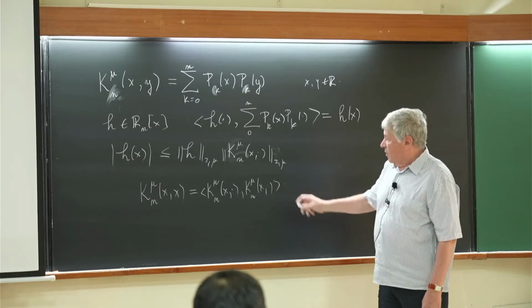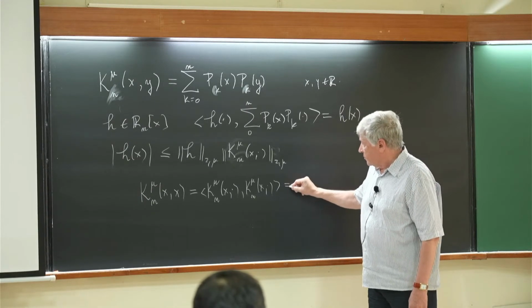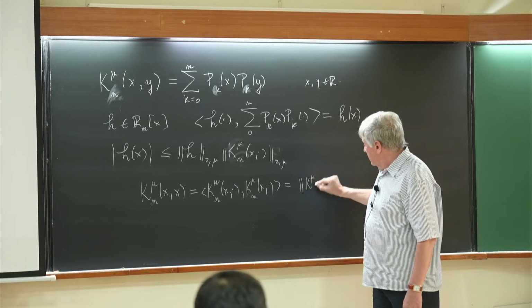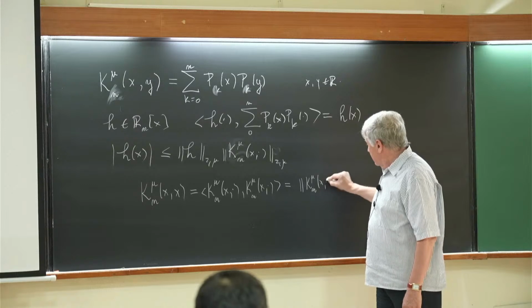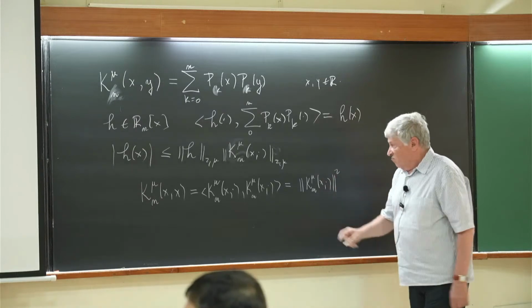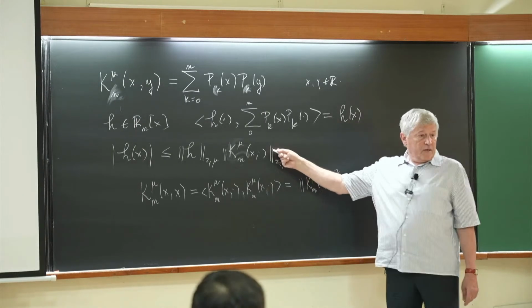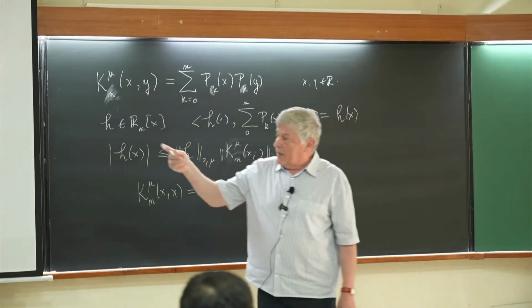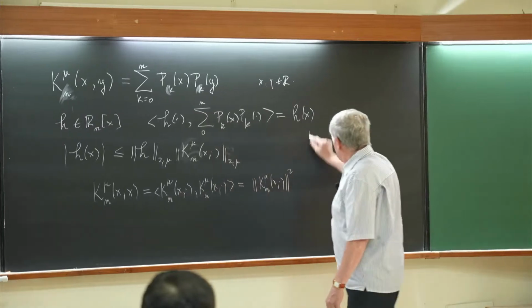So what we have here is exactly the optimal constant. And as we know from Riesz's lemma, this is attained, and we obtain immediately the formula for lambda.